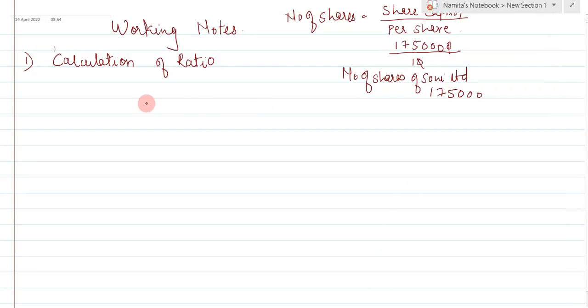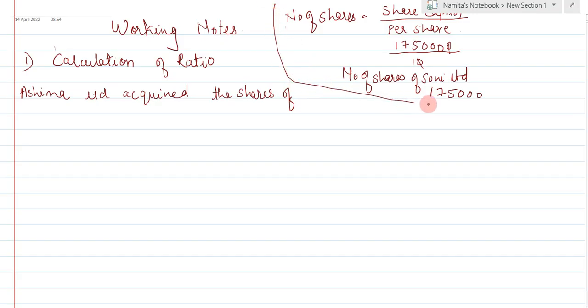So to calculate the ratio, first write: Anshima Limited acquired the shares of Sony Limited on 1st October 2015.